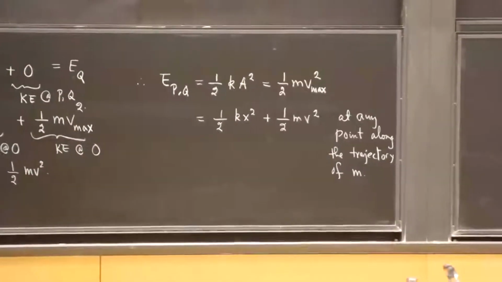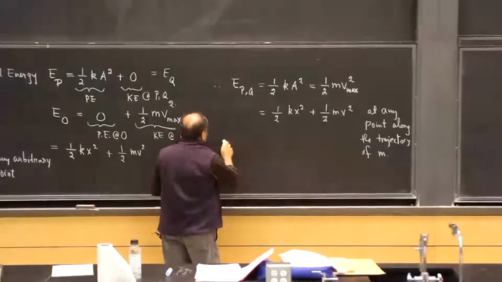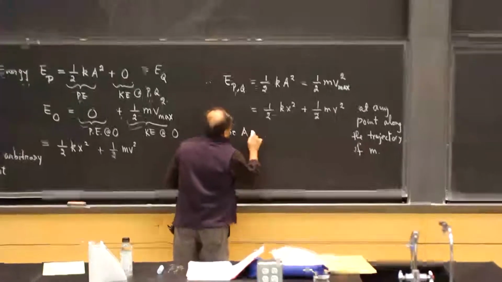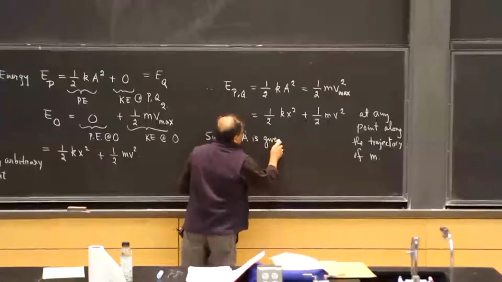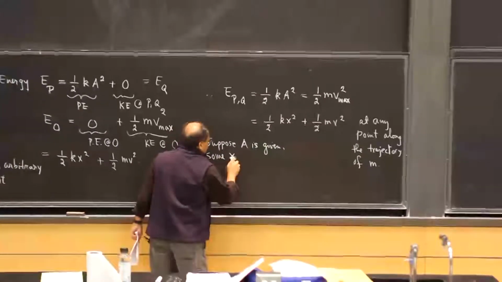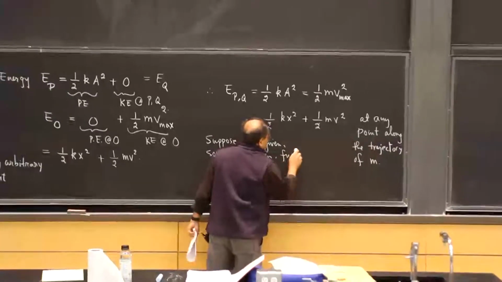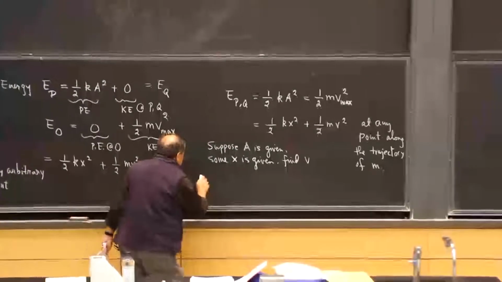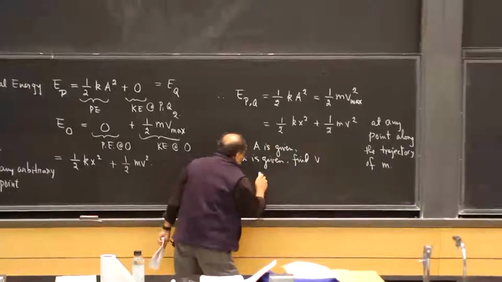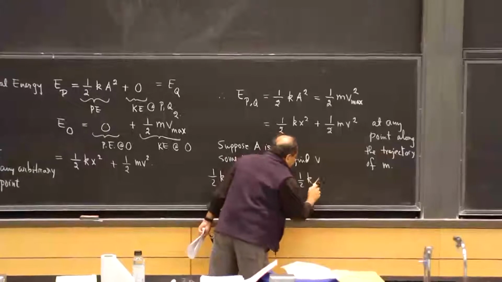Right? So suppose A is known and some x is given. You can find the velocity at that point. What we'll do is write energy is 1/2 ka squared, and that would be equal to 1/2 mv squared plus 1/2 kx squared.